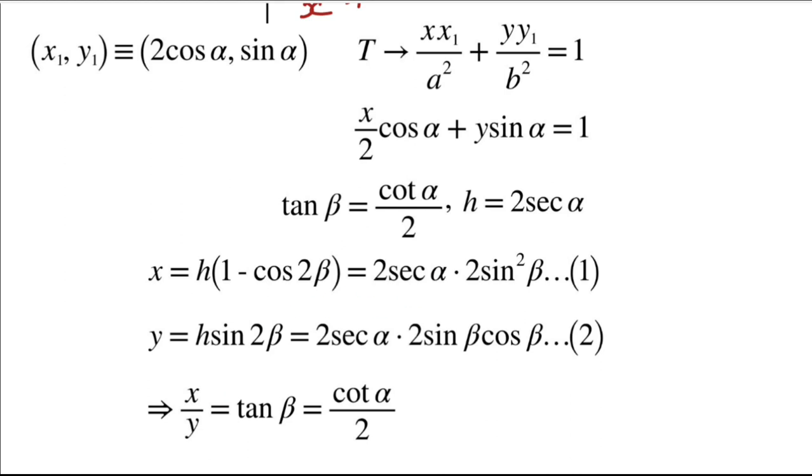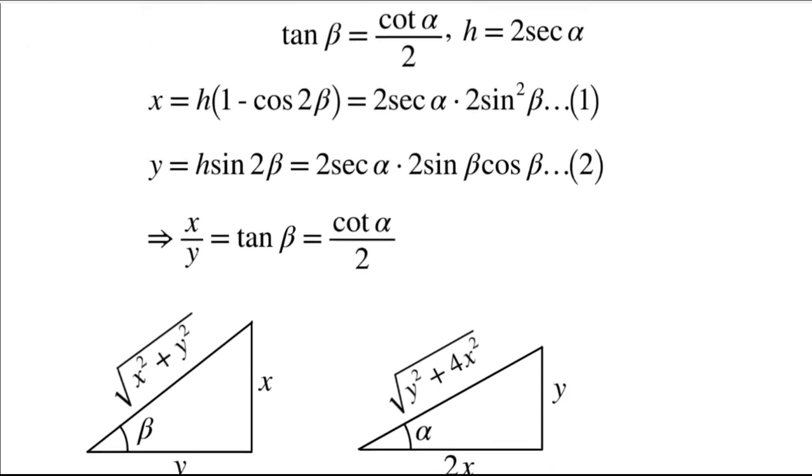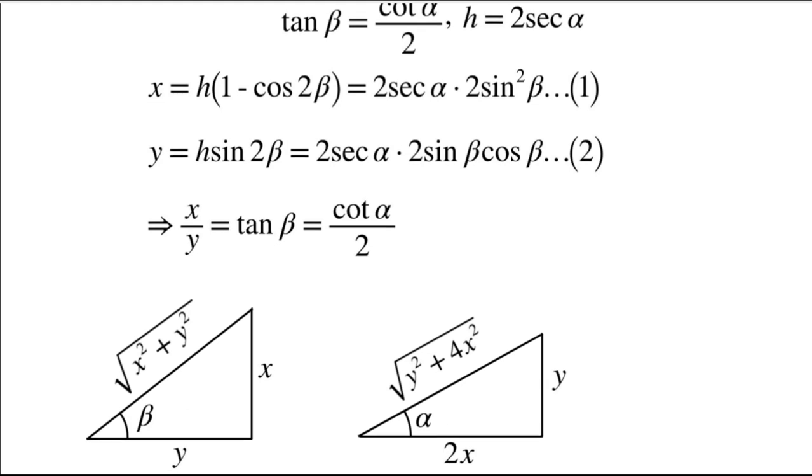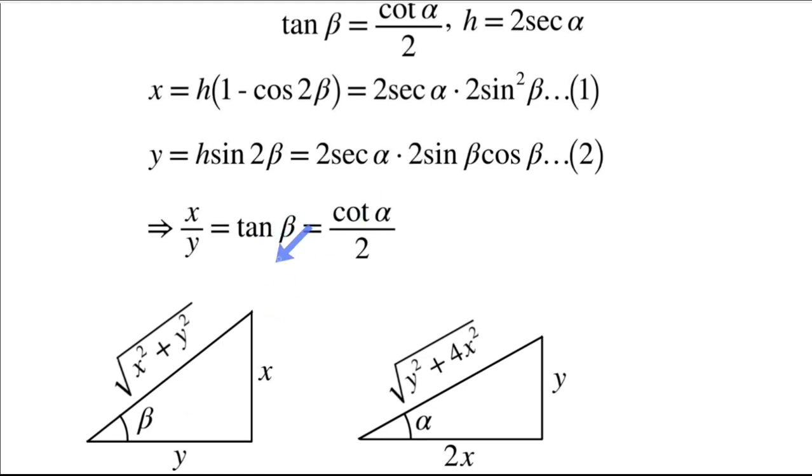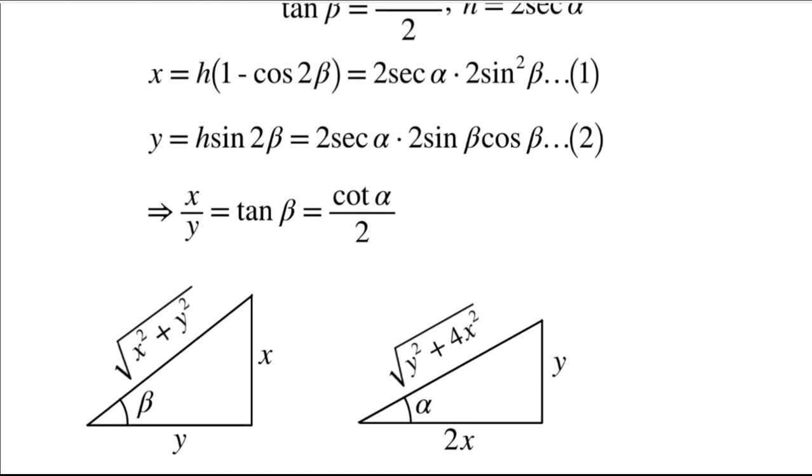So now in terms of beta and alpha we have determined the ratios in terms of x and y. What I should do now is make the triangles for alpha and beta, so that I can determine any sine, cosine, sec, cosec, any value for these alpha and beta, right? So for these angles alpha and beta, this is the small right angle triangle that we have made.